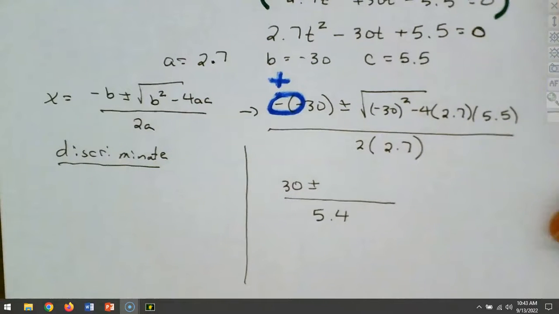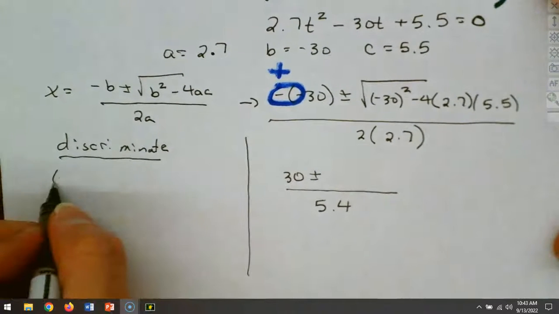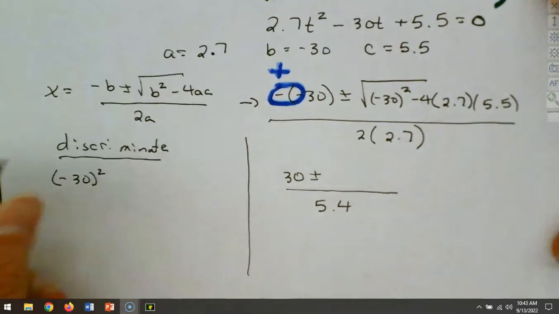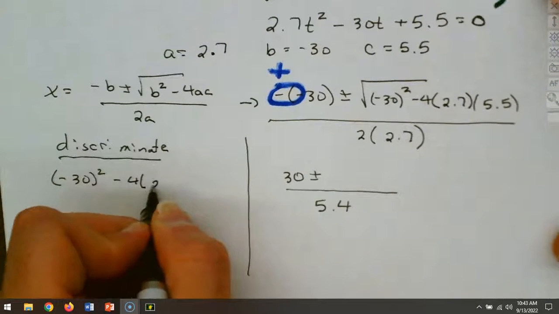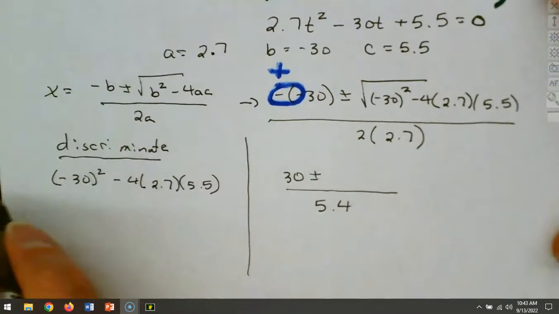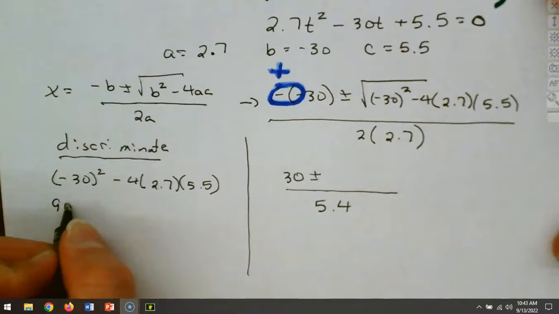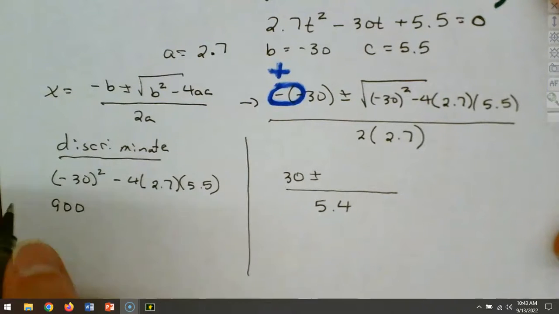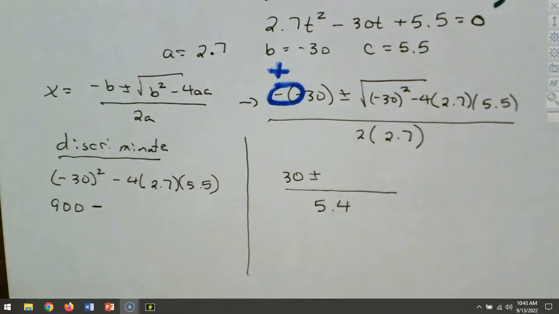Okay, now our discriminant is everything that's underneath that square root. And 30 squared, well, that's going to be 900, I believe, because when you square a negative, it becomes positive. A single negative stays negative. We've got 4 times 2.7 times that 5.5.